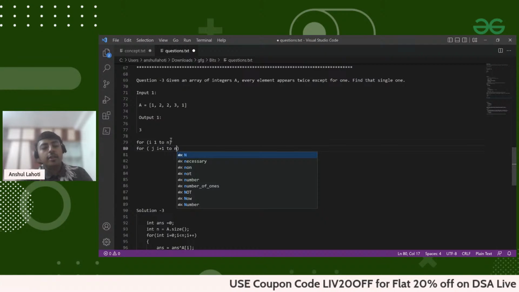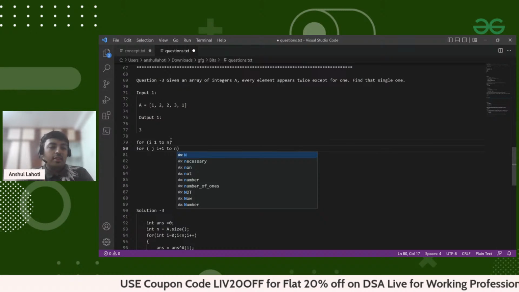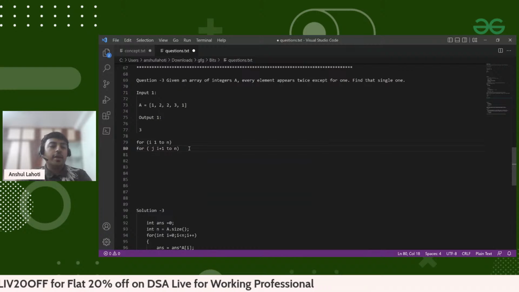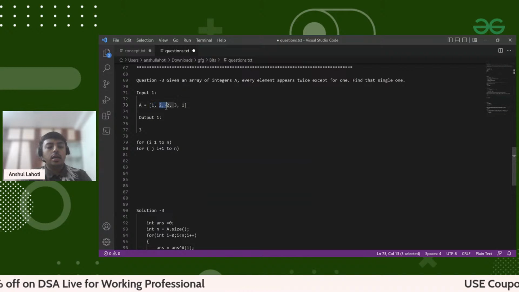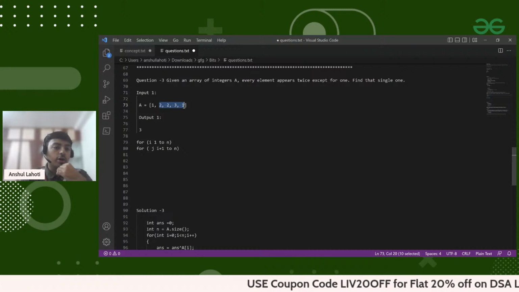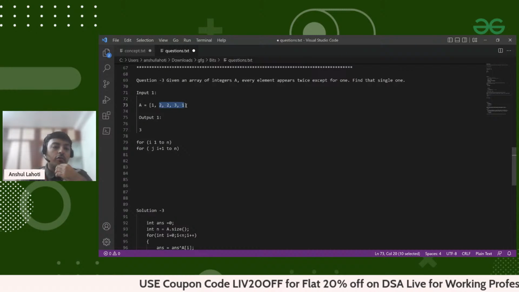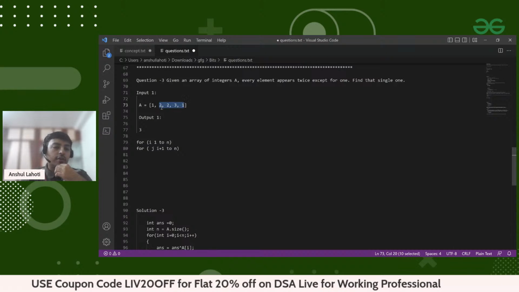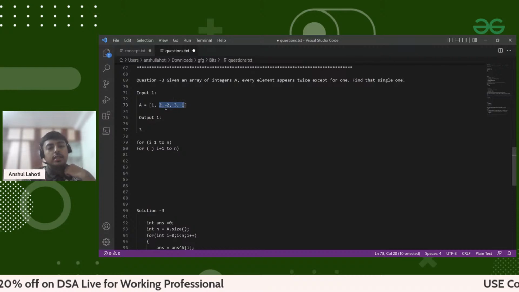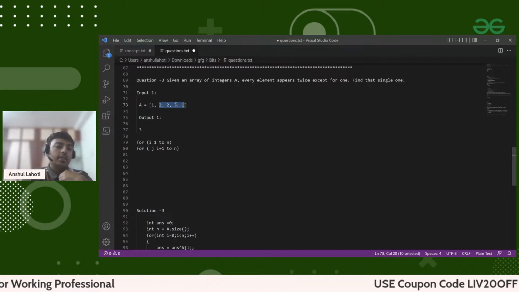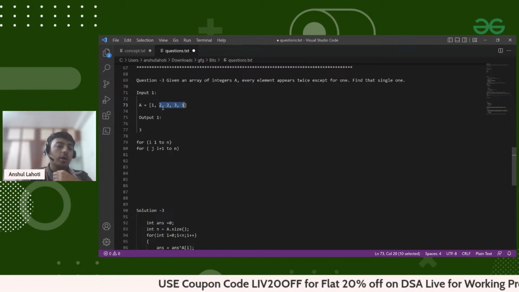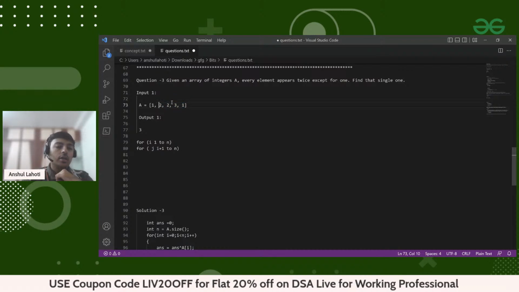You are going to every number and checking whether it is in the array or not. You find that this 1 is here. Same for 2, you find that it is here, and again for the other 2, we found that it is here. Then we will go for 3.